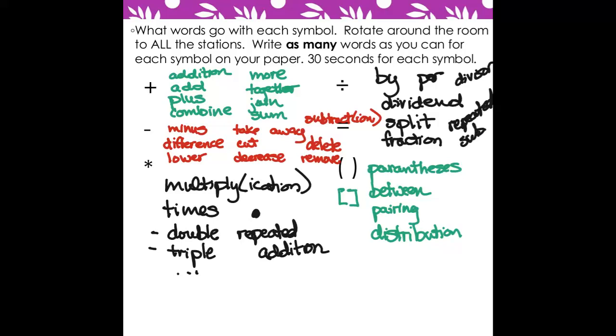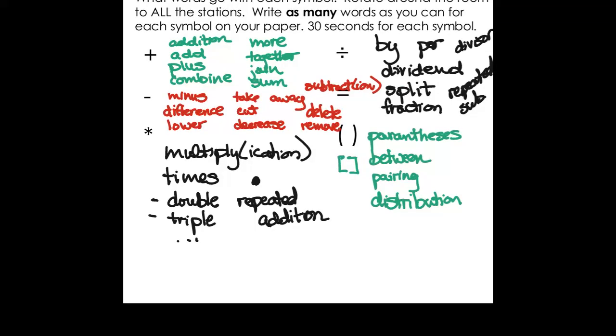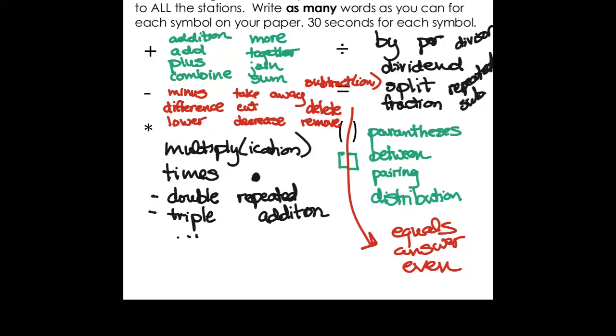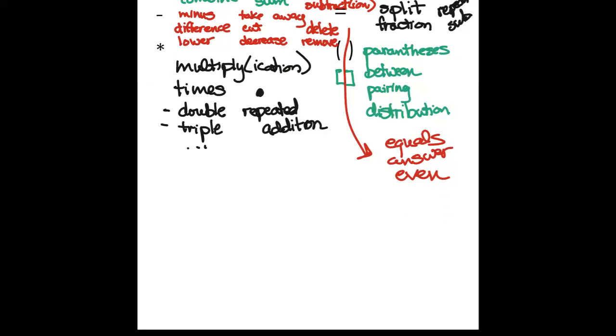Repeated subtraction. And the last one, which I totally have messed up in the space, equals. We got equals, we got answer. Equal, even. Sometimes? Yeah. I was like, even. Some of, I understand that because you're saying some of something equals.